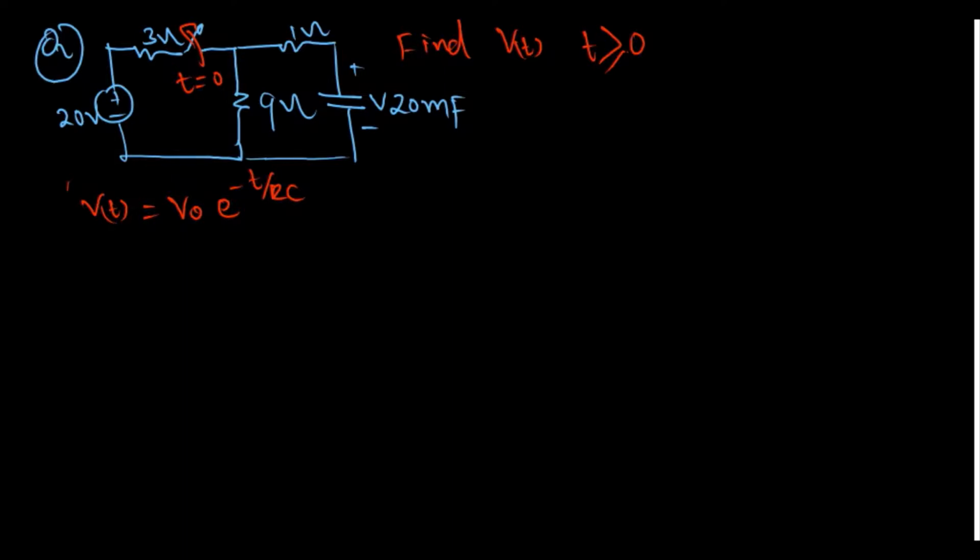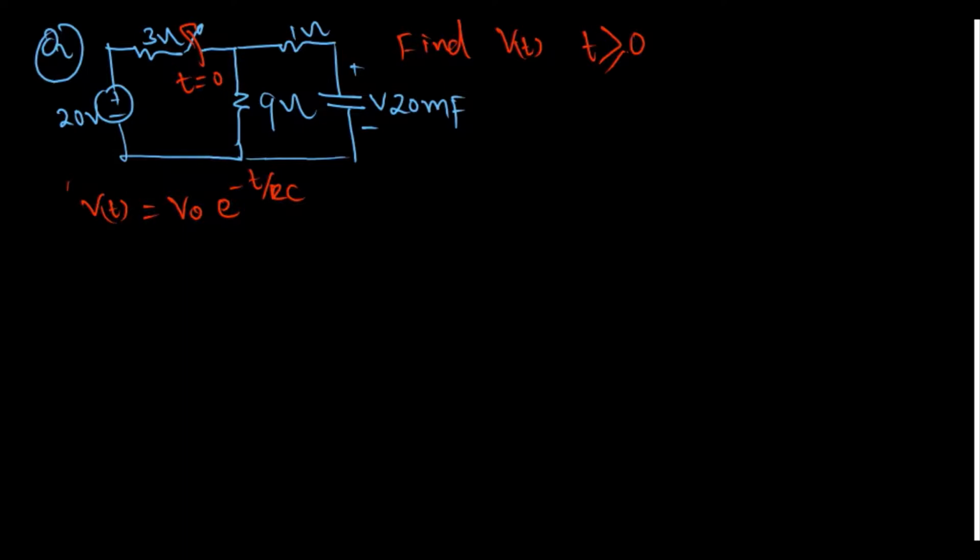First we need to find whether this is second order or first order. It is first order because there is only a capacitor and no inductor. If a capacitor and an inductor are in the same circuit, it is called a second order circuit. So this is a first order circuit, and there is no connection between the voltage source and the capacitor after t is equal to 0. So this comes under the source-free RC circuit.